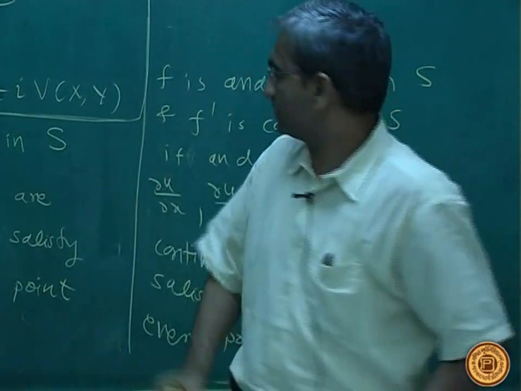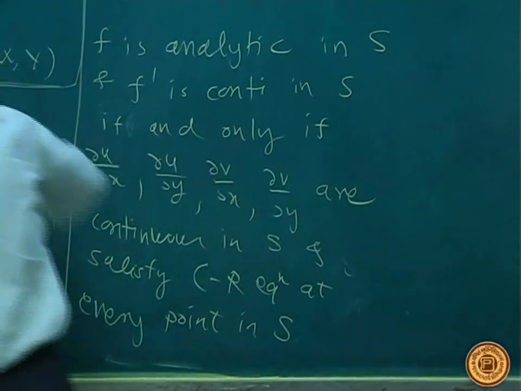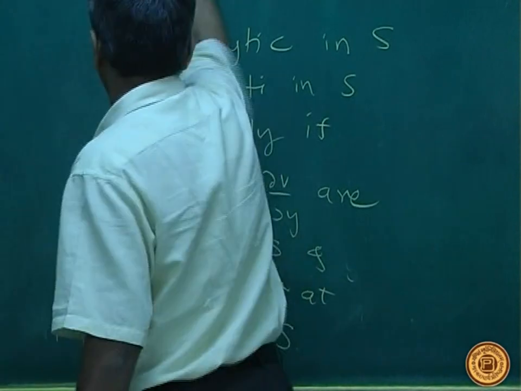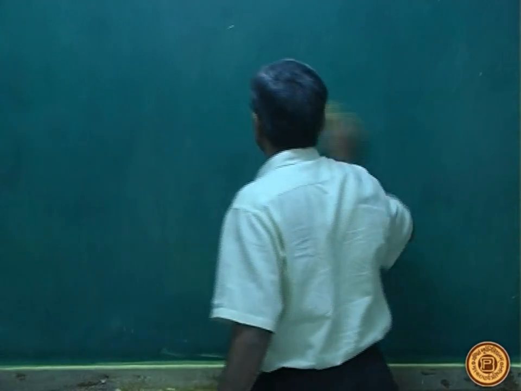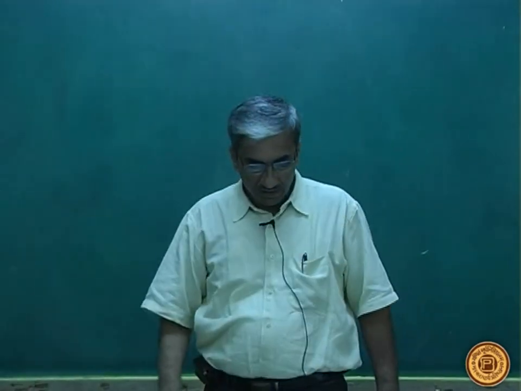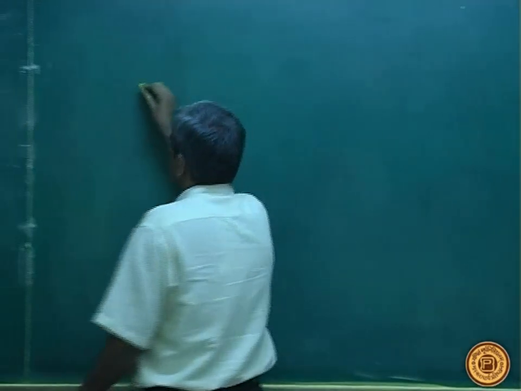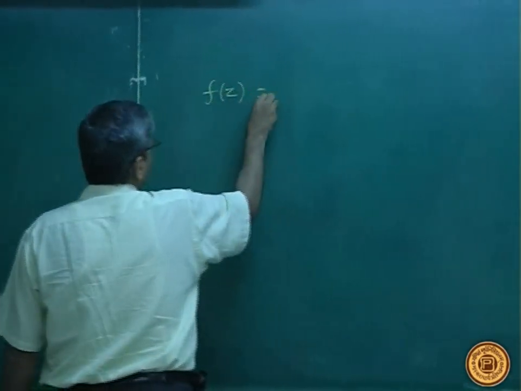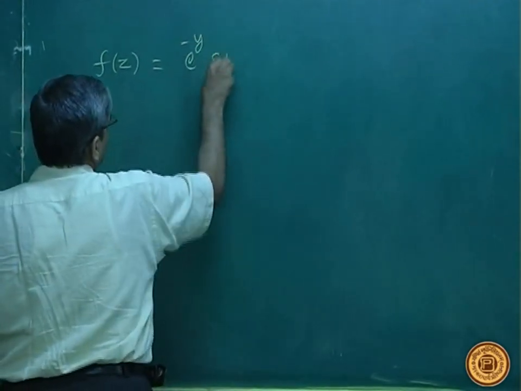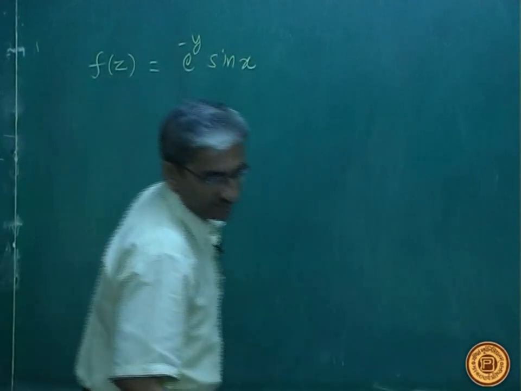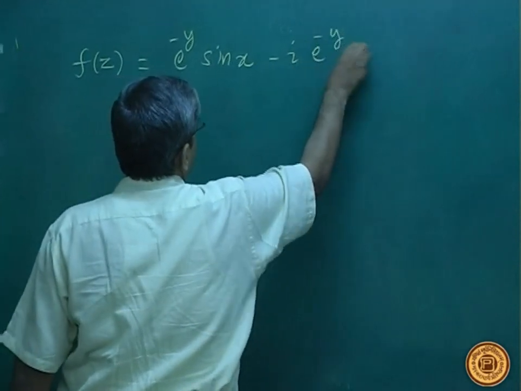See the third example. Here f is defined by using real and imaginary parts. So f(z) is defined as e raised to minus y sin x minus i times e raised to minus y cos x.